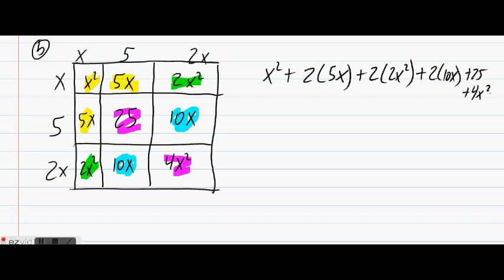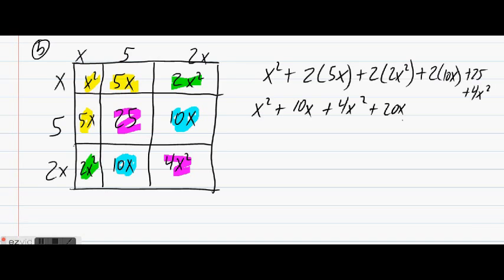Alright, now let's go through and start combining like terms. I have x squared. Well, you know what? Wait, before we do that, we got to clean it up a little bit. X squared. 2 times 5x, 10x. 2 times 2x squared, plus 4x squared.